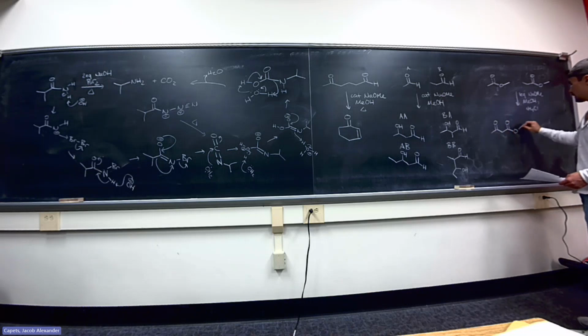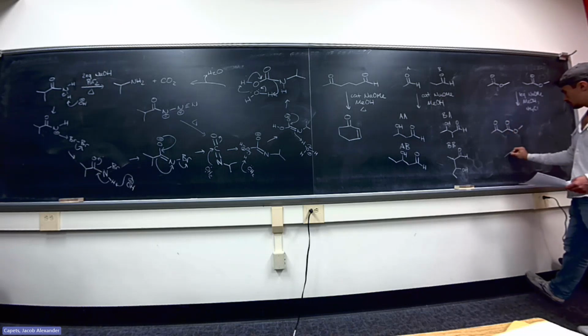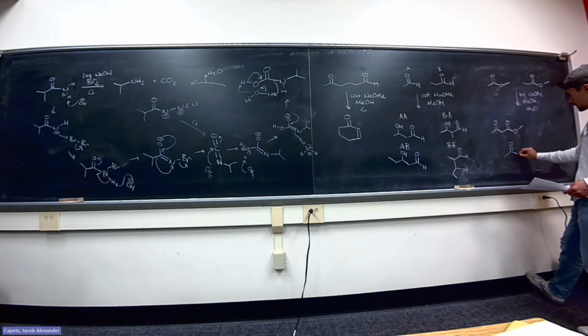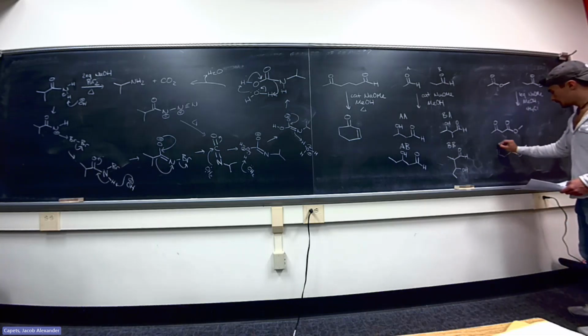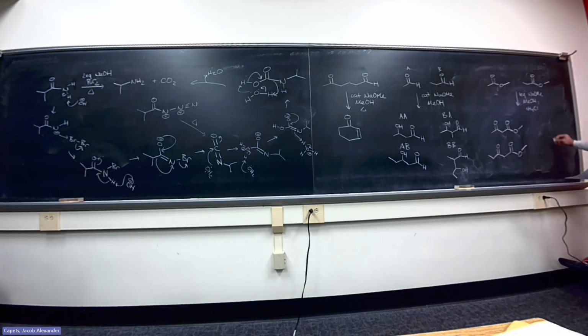So this is A to A. Here's A attacking B. Here's B attacking A. And here's B attacking B. Exactly the same set of products, except it's a dicarbonyl because you kick out the methoxy. And this H is replaced with the methoxy from the ester.